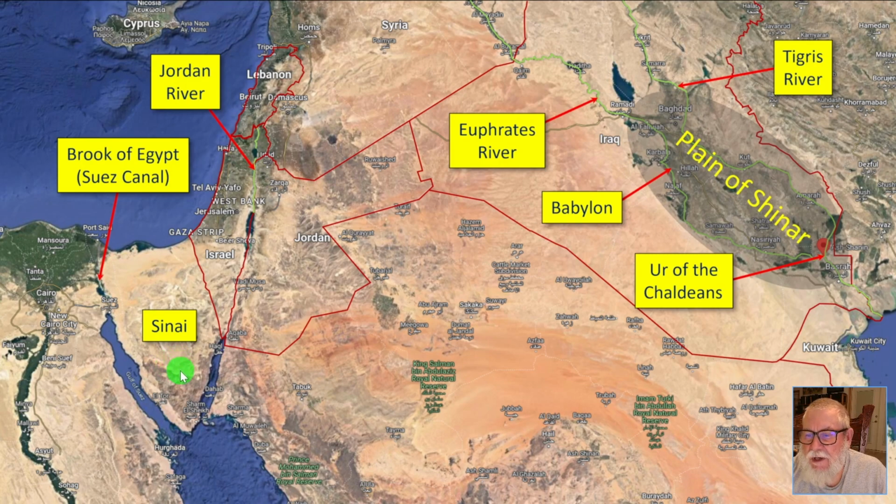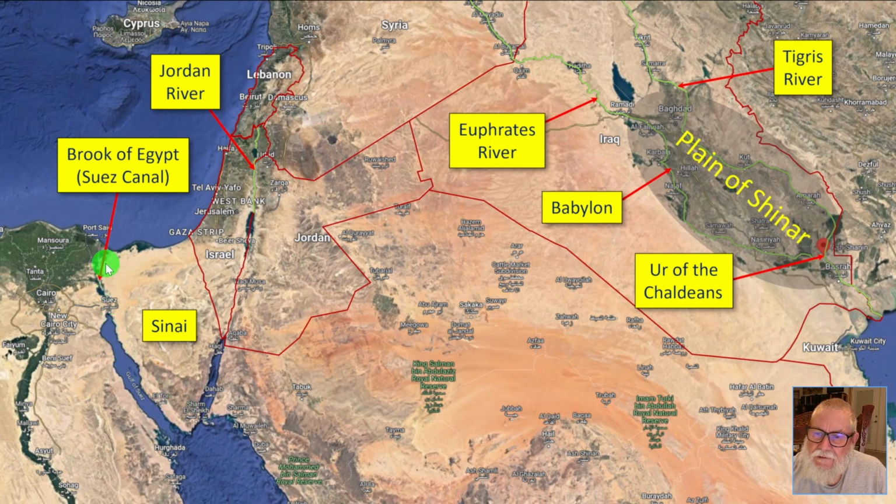That's documented in the books of Numbers and Exodus. Somewhere on the Sinai Peninsula, and no one really knows where, is Mount Sinai, where Moses received the Ten Commandments.